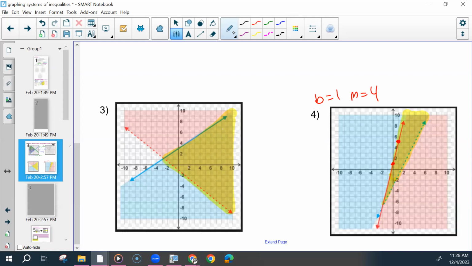We know this is a solid line, so it can be greater than or equal to or less than or equal to. I'll start it off, y blank 4x plus 1. In this overlapping area, is it shaded above this line or below it?